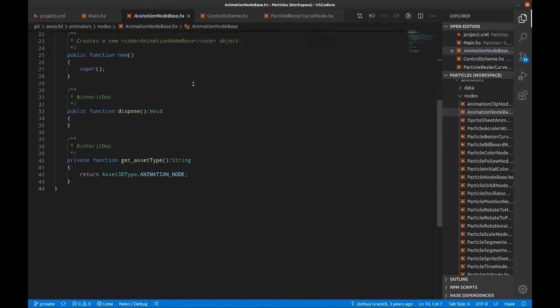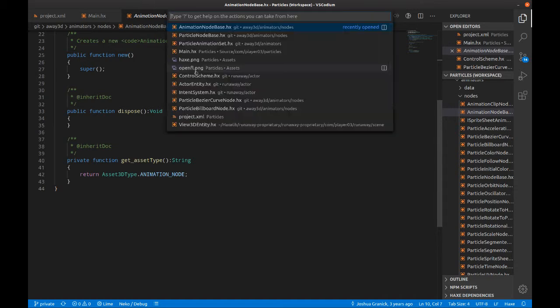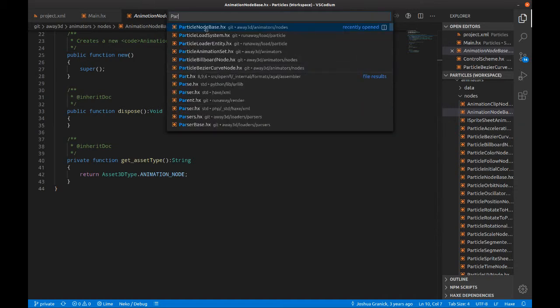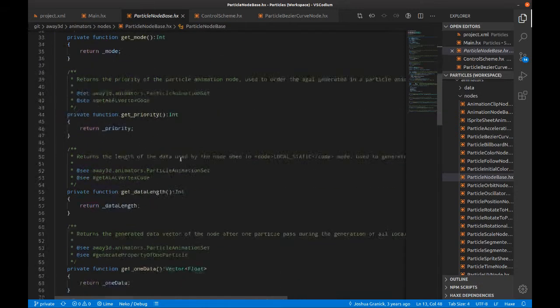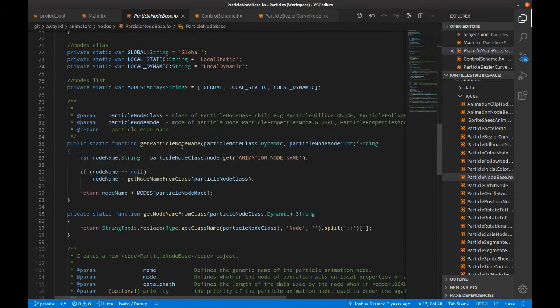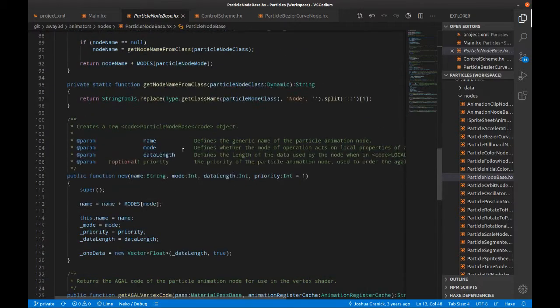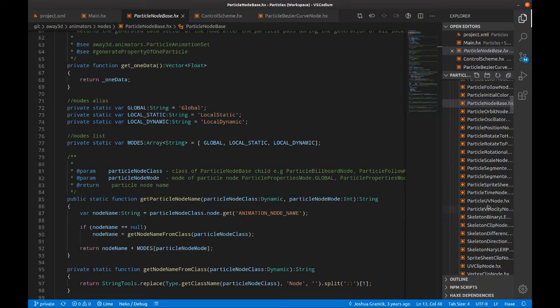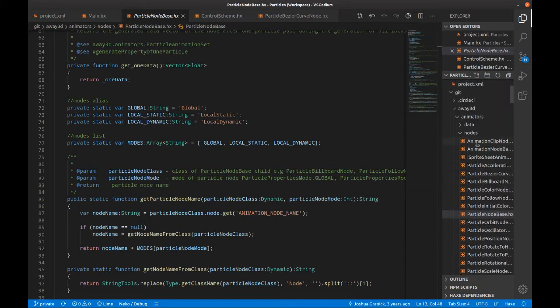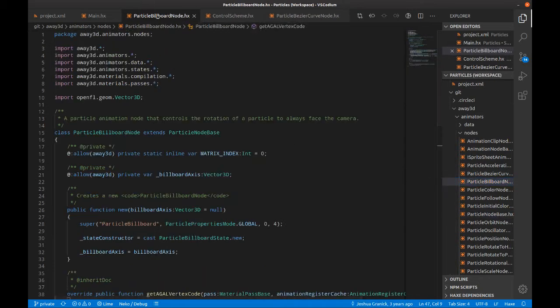Node priority. Okay, so let's look at a concrete example. A particle animation node. I'm trying to figure out what they mean by the word node.